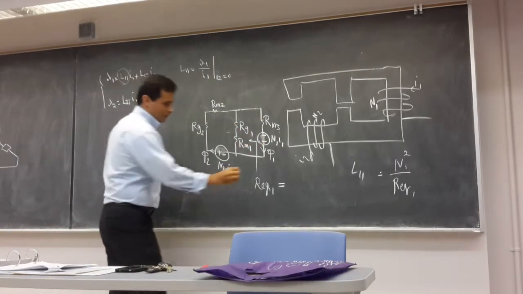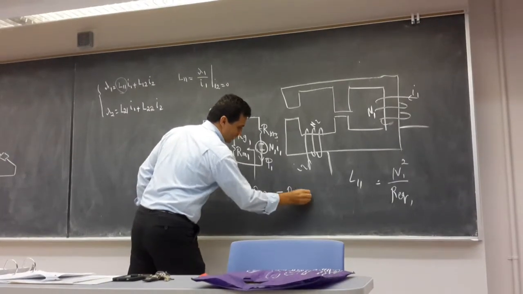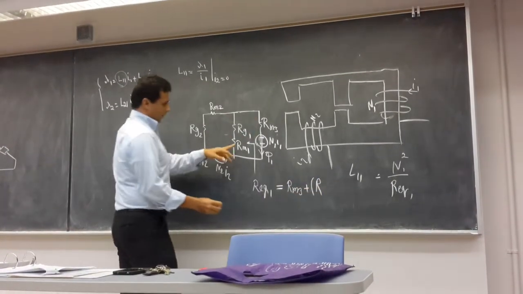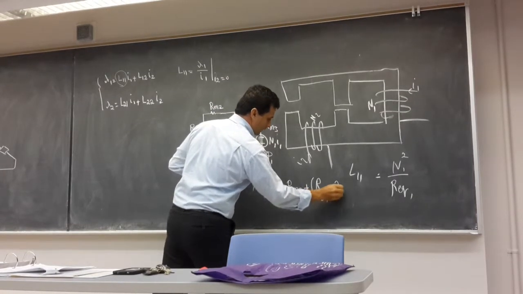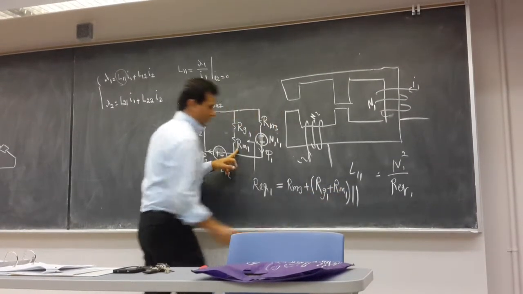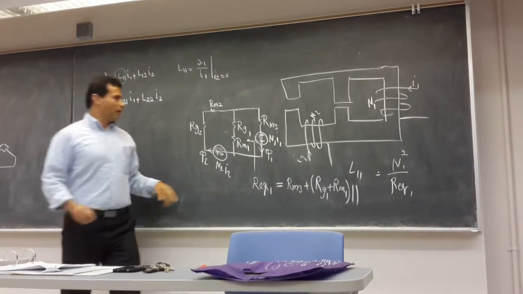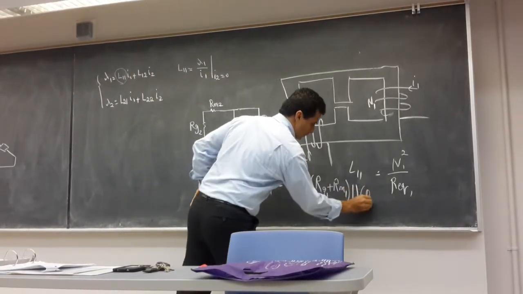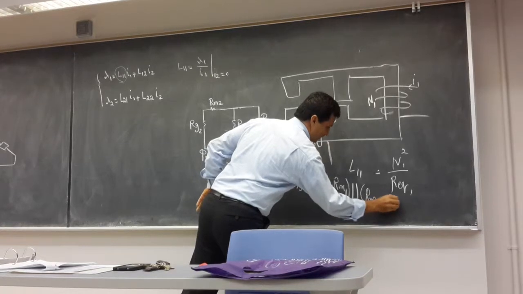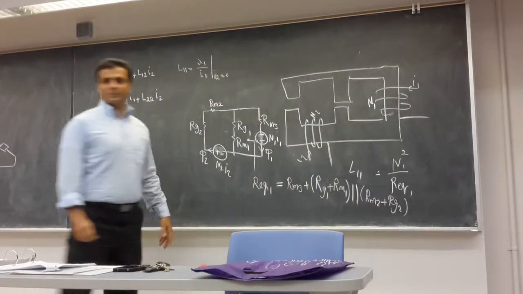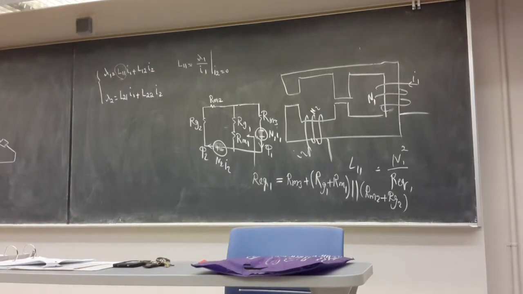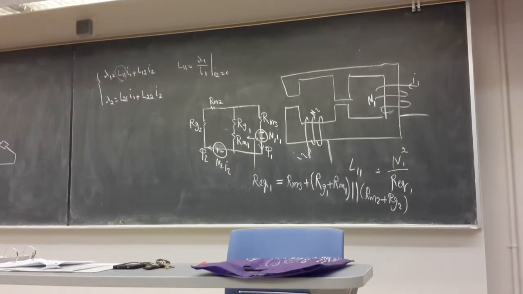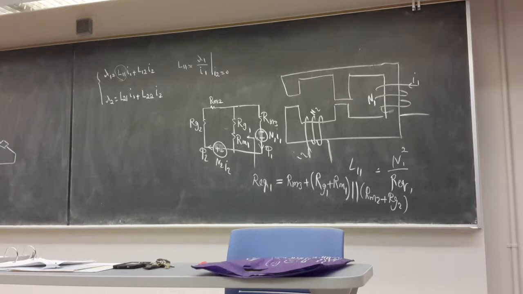So it's going to be RM3 plus RG1 plus RM1 parallel with RM2, RG2. Do practice this. Don't just go with my equation for the homework you're going to see. Try to calculate this kind of thing.